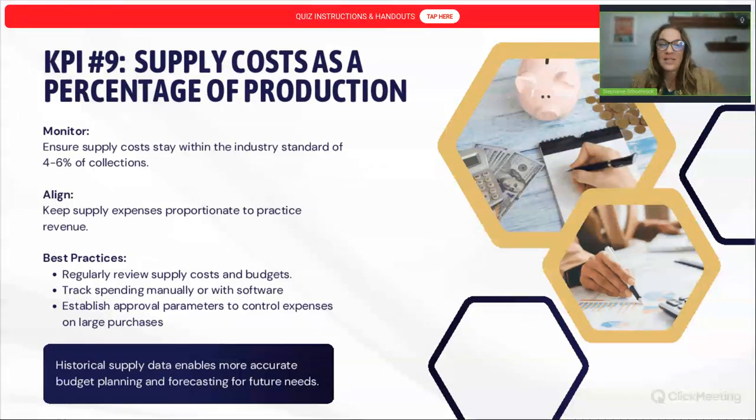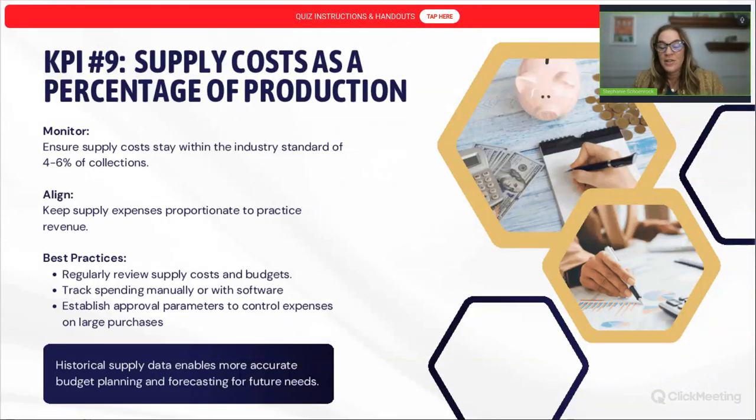It's supply cost as a percentage of your production, or supply cost as a percentage of your collections. This keeps supply expenses proportionate to your practice revenue, and it gives you a chance to regularly review your cost and your budget over time.